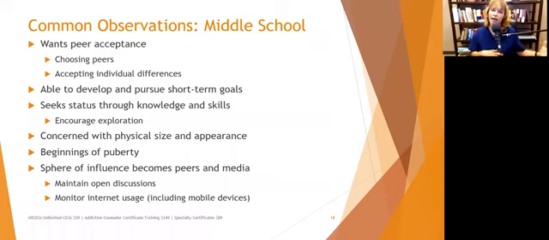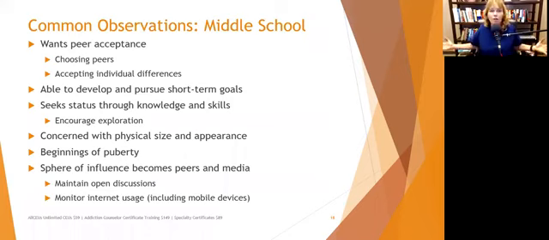Again, separating the behavior from the child, and then letting the youth choose who they're going to be friends with. And they need to learn to accept individual differences, recognizing that even their best friend is not going to agree with them on everything. They can develop and pursue short-term goals, seek status through knowledge and skills.